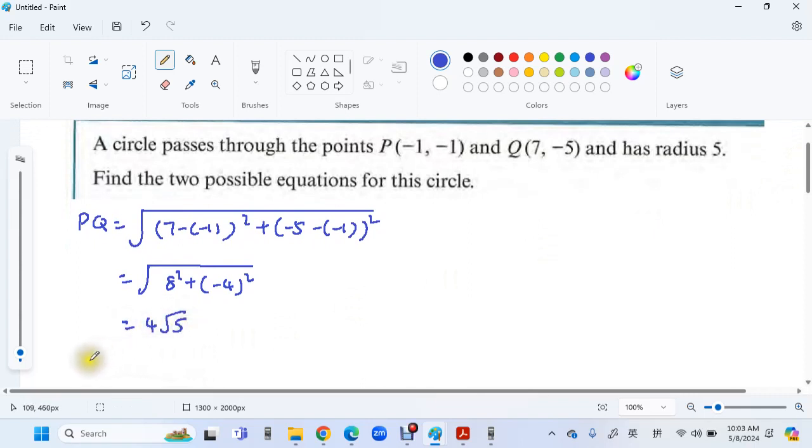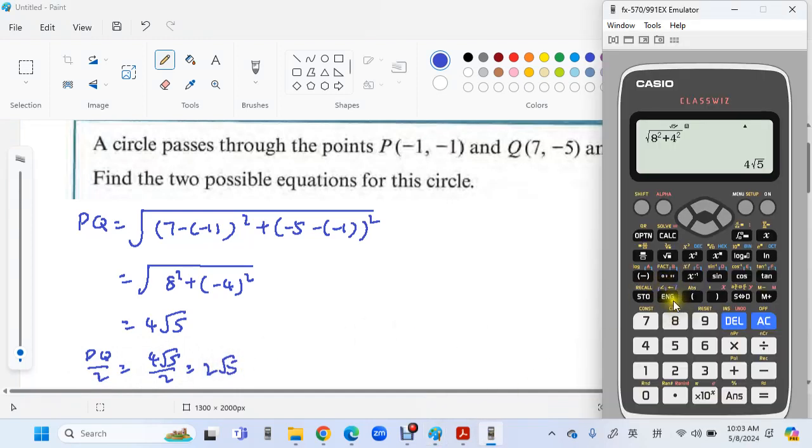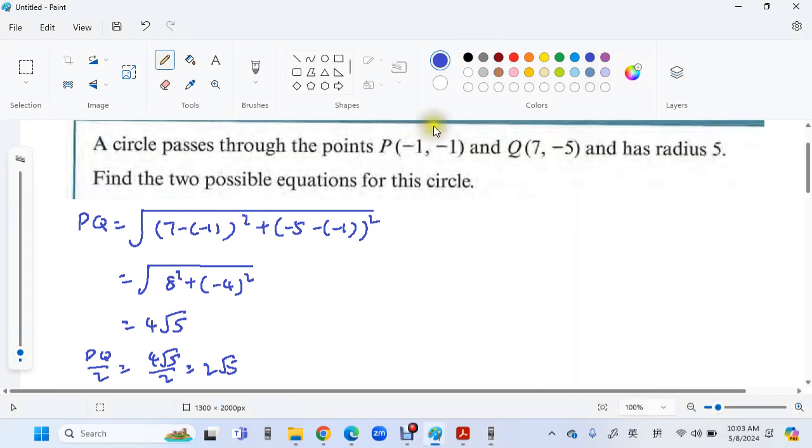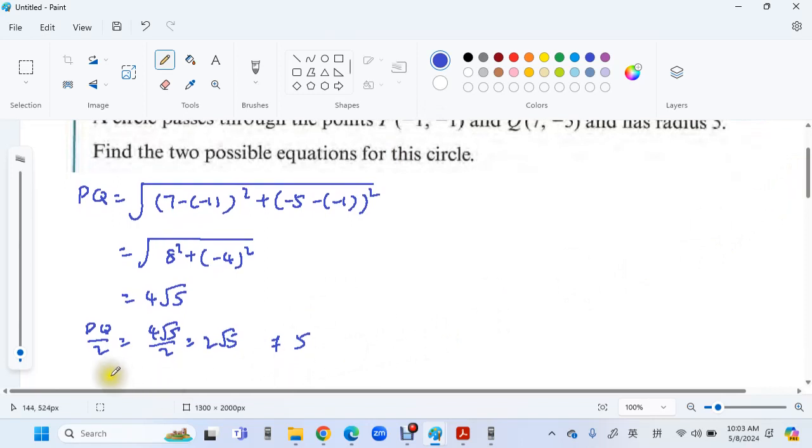Half of this, PQ divided by 2, is 2 square root 5, which is 4.47. It's not equal to 5. Therefore, PQ is not the diameter.